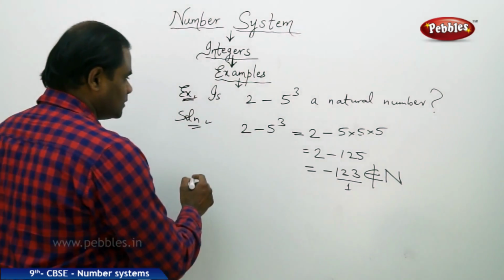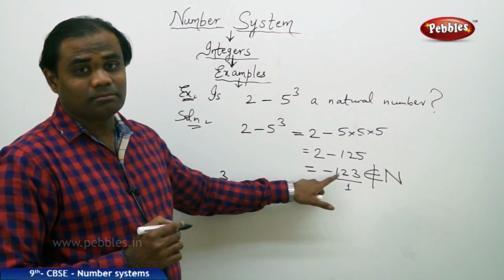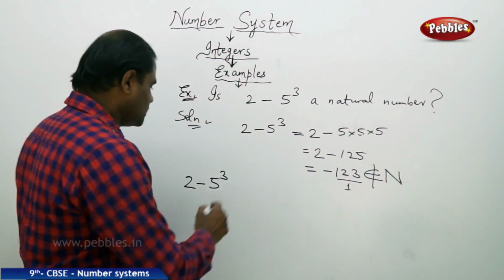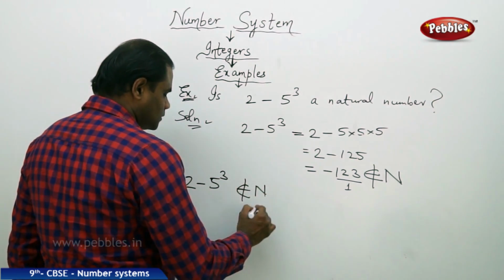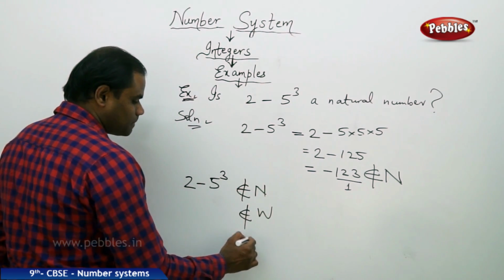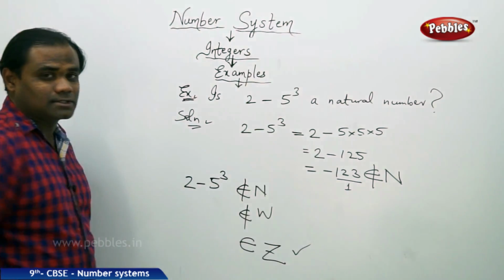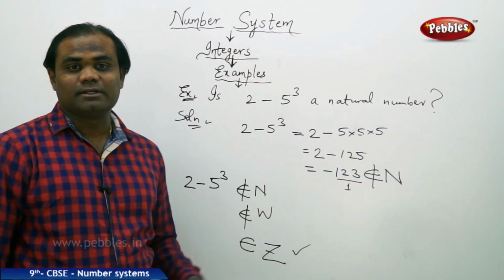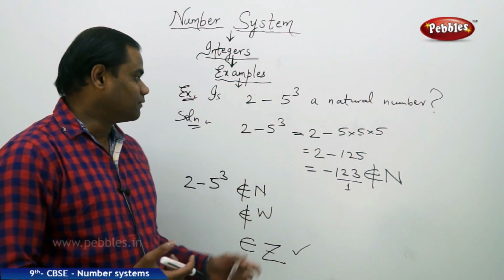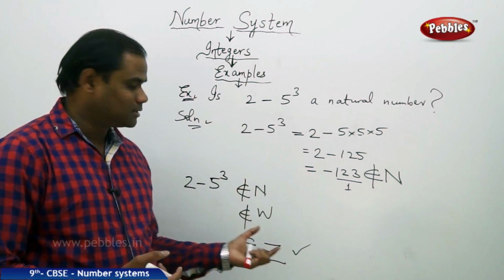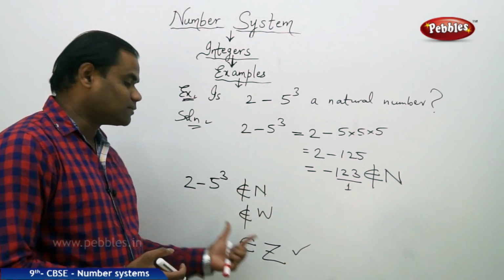Therefore, I understand that 2 minus 5 cube, which is indirectly expressed in the form minus 123, is not a natural number, is not a whole number, but is an integer, because it is accepted in the set Z. That is how we understand the different classification of the numbers justified through N, through W, and through Z.